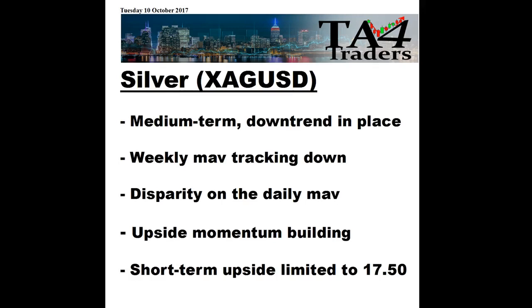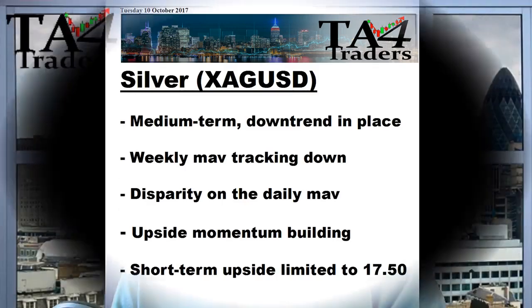If we can get above there, we may get a short-term rally. Upside momentum is building in the 4-hour and the daily. Short-term may be limited to 1750. Perhaps I should say that maybe we'll get up to 1770 because of the momentum we're seeing in the short term.